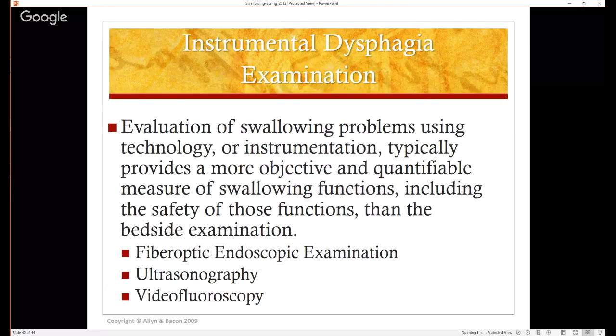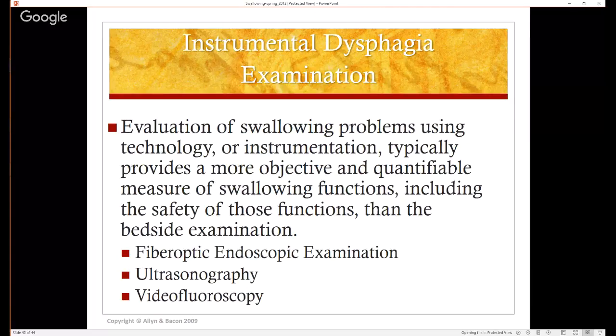Ultrasonography or an ultrasound is technology that might be used for a dysphagia evaluation. High frequency sound waves are used to create black and white pictures of the structure. A transducer placed either at the chin or at the thyroid area at the front of the neck is going to generate sound waves.